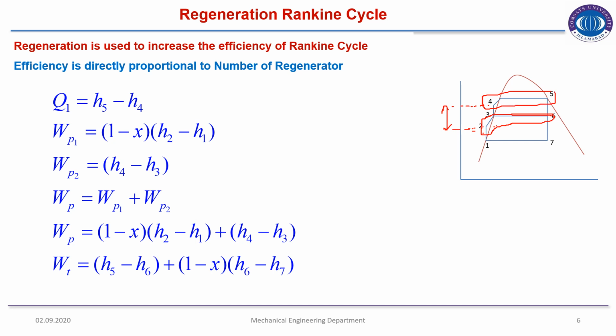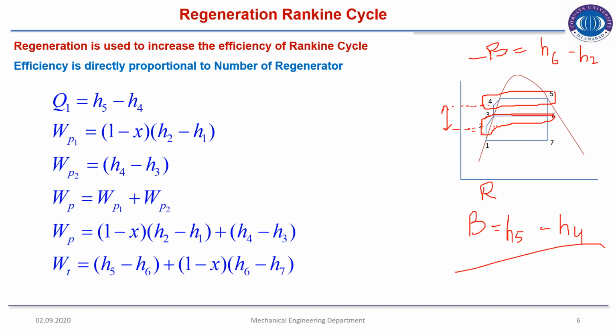So now the boiler previously was supplying energy from 6 to 2 when there was no heater. So H6 minus H2 was the previous, and now when the heater or regenerator is installed, then the boiler is introducing the energy H5 minus H4.